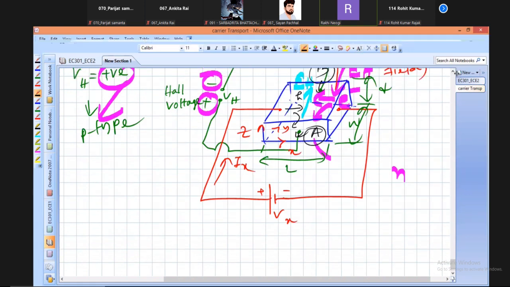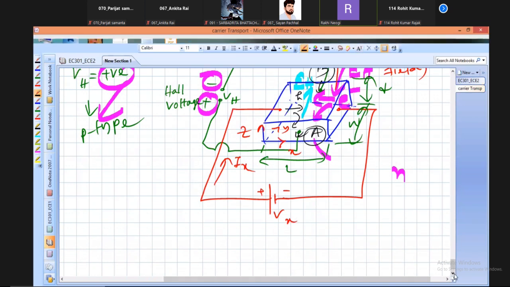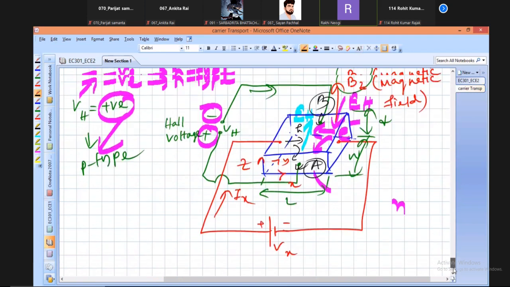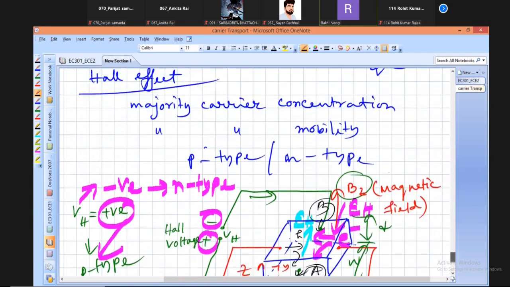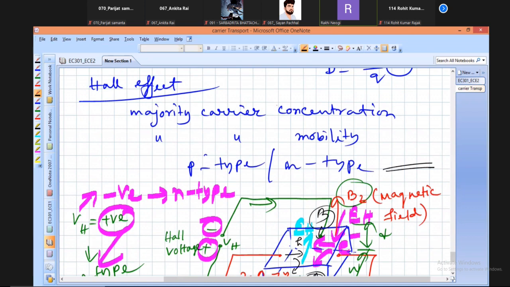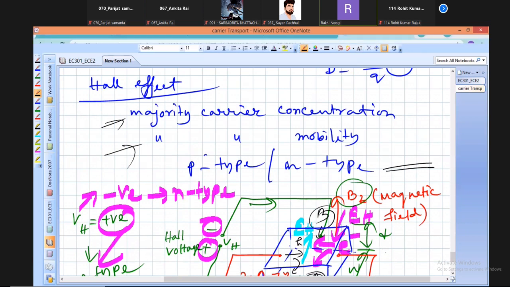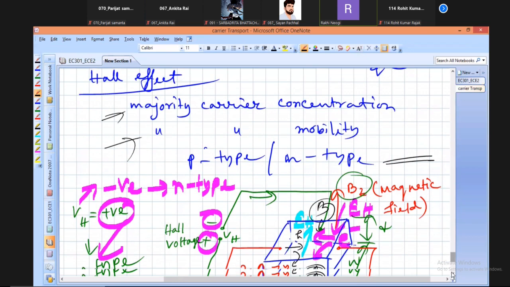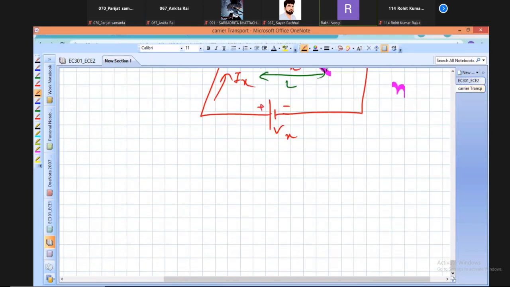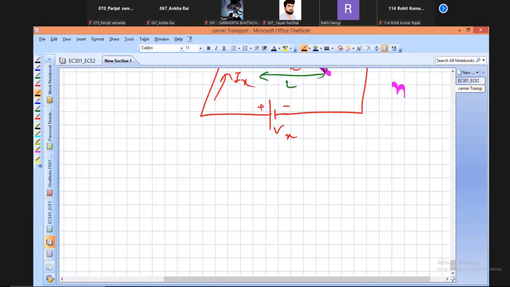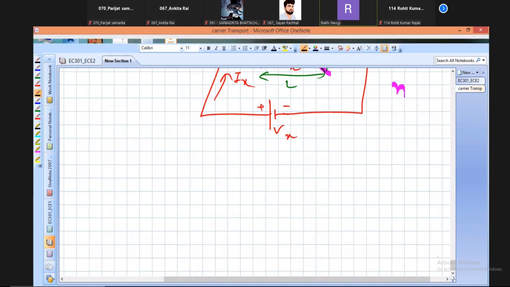In your last class, I took you through what type of charge carriers are present inside the semiconductor, whether it is P-type or N-type, so you were able to decide the negative contribution as well as the positive contribution. Now we will see how this is possible, using this particular experiment, to decide the carrier contribution.